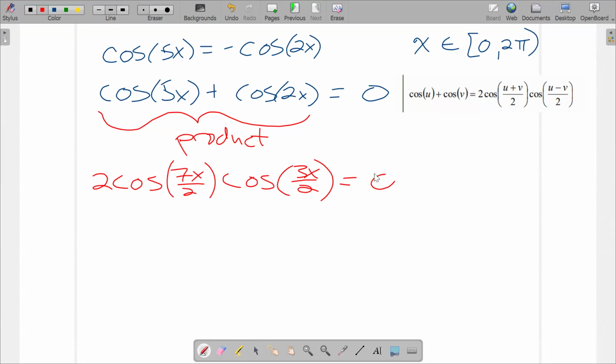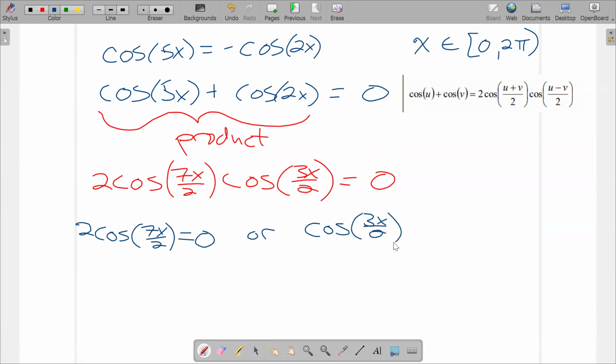Well, this is equal to 0, so now I can split it into two different problems. One is twice the cosine of 7x over 2 equals 0. And the other is just cosine of 3x over 2 equals 0. The 2 on the first one conveniently divides away.